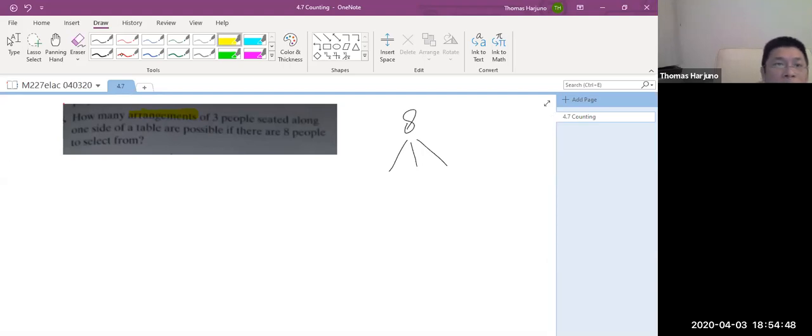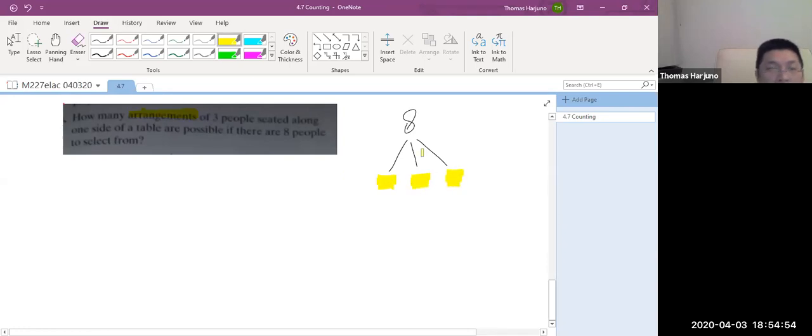Then from there we think, okay, I have 3 places to fill up. You can do this using the counting principle. For the first place, 8 times 7 times 6. If you do it that way, you will see this result is the same as 8 permutes 3.